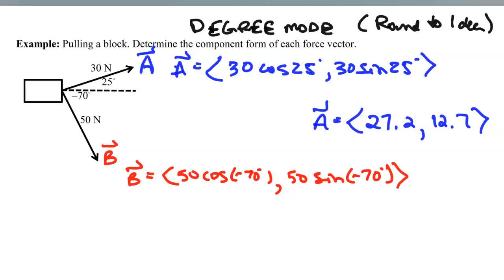Okay, I put that in the calculator and I get vector B is equal to 17.1, comma, negative 47.0, and I better get that as a positive x, negative y, because vector B is in quadrant 4.